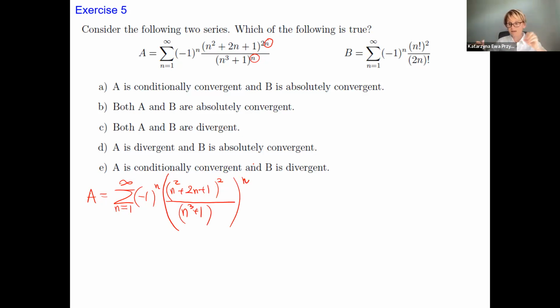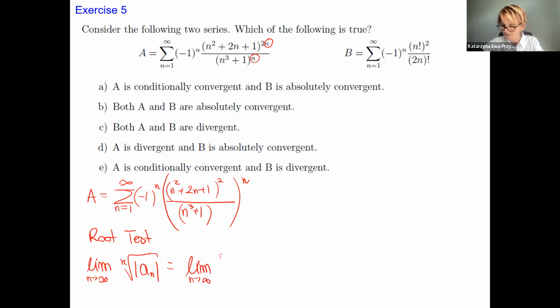Now, when I take the nth root, that means definitely root test. When you have the entire formula taken to the power of n, root test is good. Computing the limit at infinity of the nth root of the absolute value. It means limit as n goes to infinity, nth root, the absolute value will remove the negative 1 to the n, it will become positive.